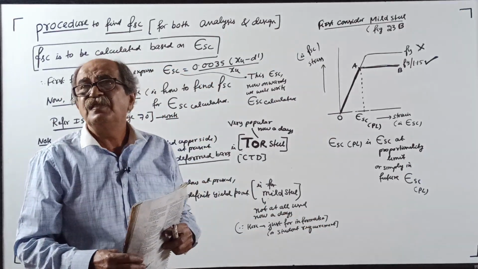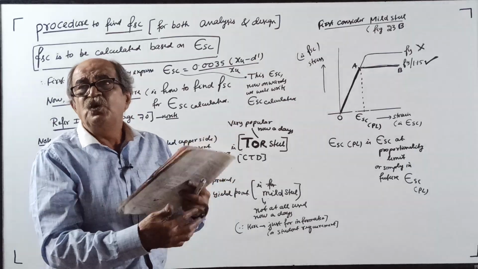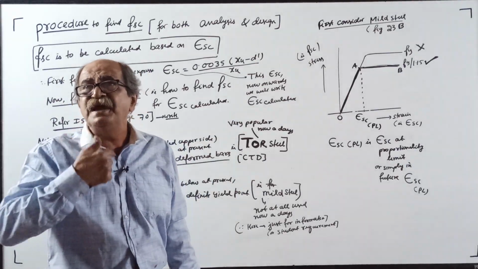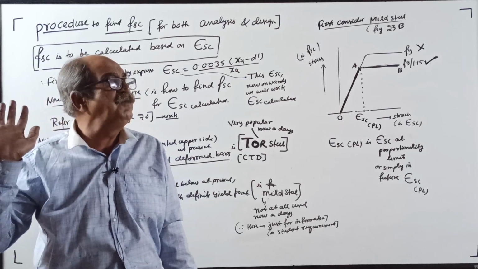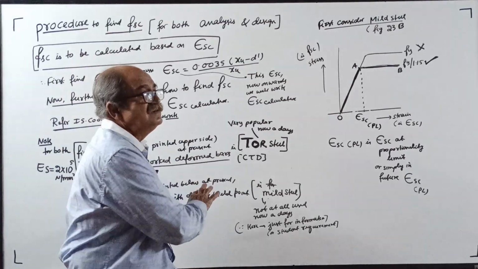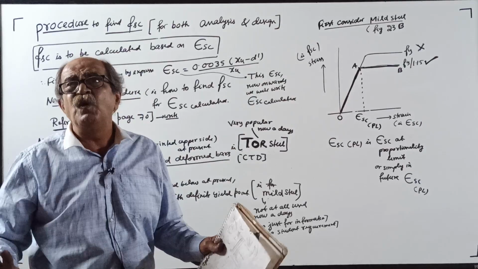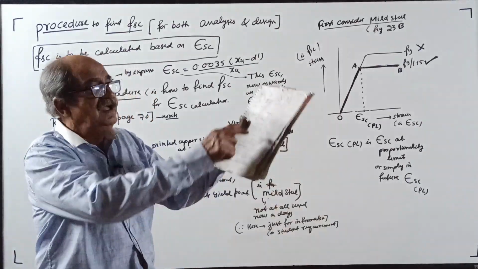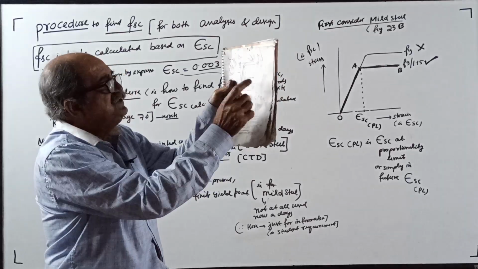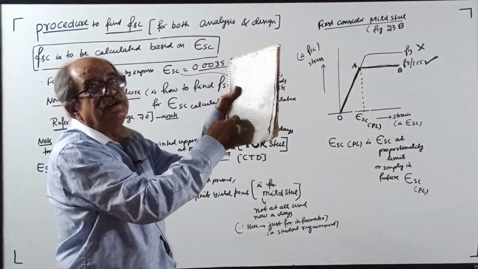Other is torch steel. Now you should remember. The order of explanation by me in this class is first mild steel, then torch steel. Why? First is unwanted, practically unwanted but theoretically required. Second is torch steel, but in the code it is interchanged: first they gave torch steel, then mild steel.